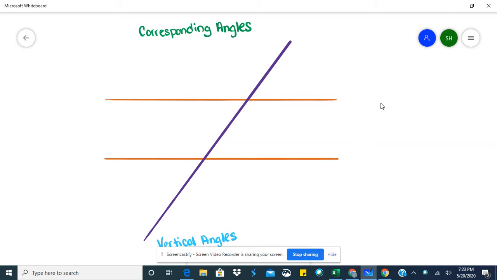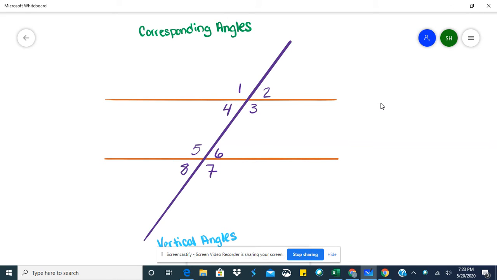Corresponding angles are two angles that are supplementary. So when we label our angles, we have angle 1, angle 2, angle 3, angle 4, angle 5, angle 6, angle 7, and angle 8.